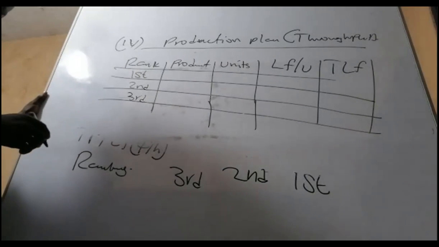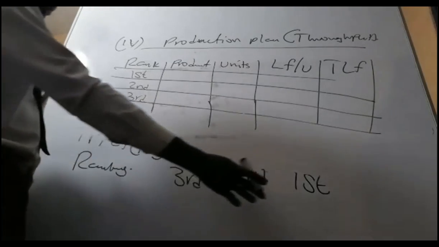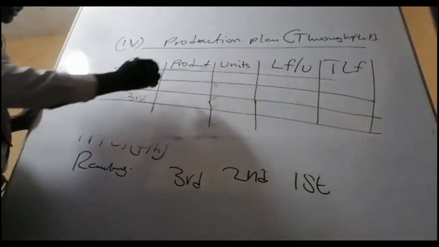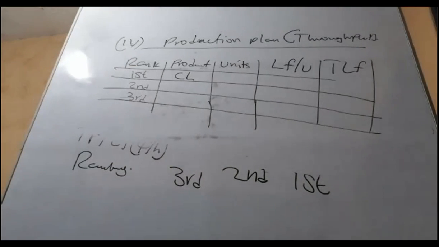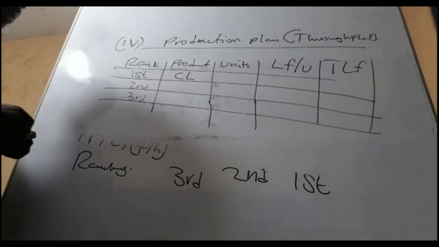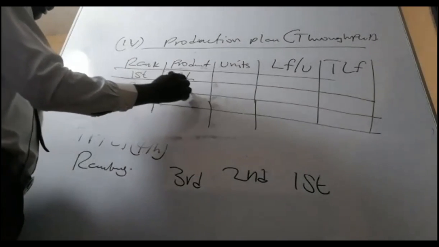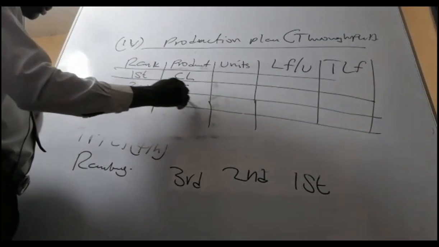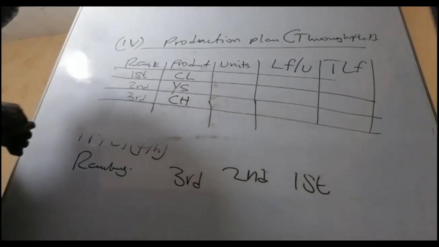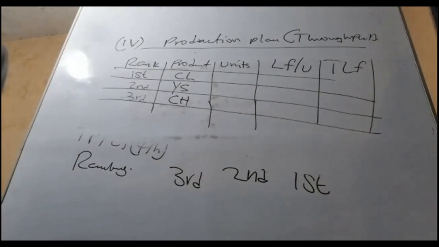The first one was the last product, so CL, right? Then the second product happened to be the middle one, the YS. And then the third one was the first one, CH.